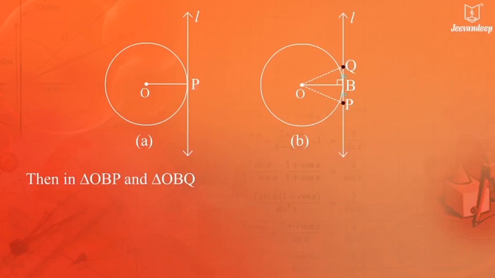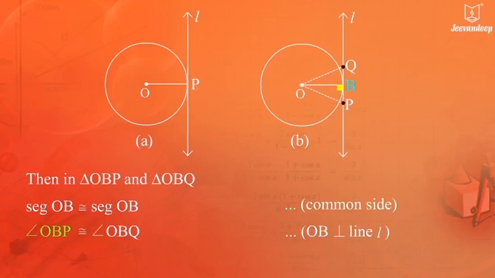Then, in triangle OBP and triangle OBQ, segment OB is congruent to segment OB, being the common side of the two triangles.